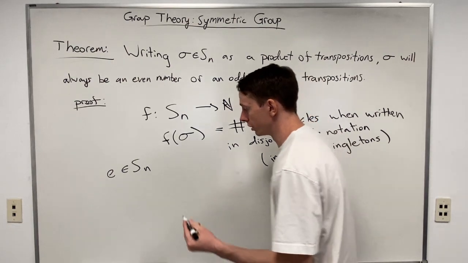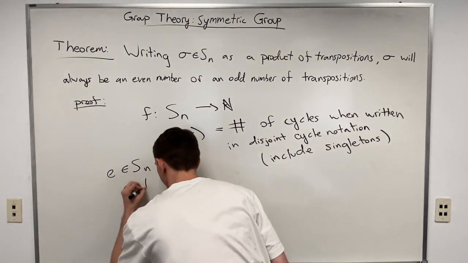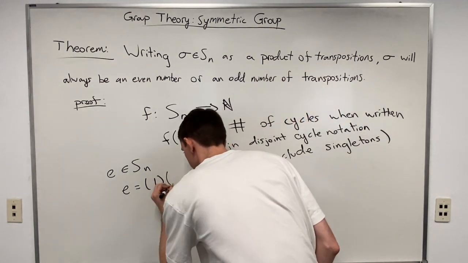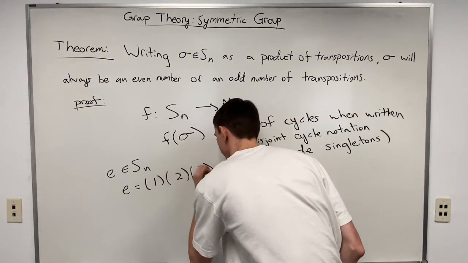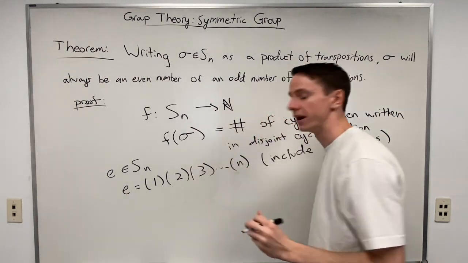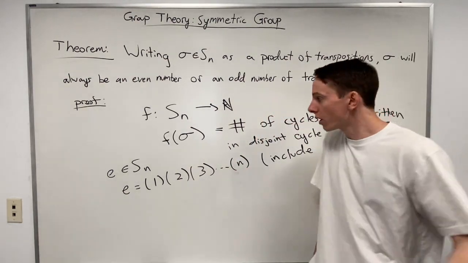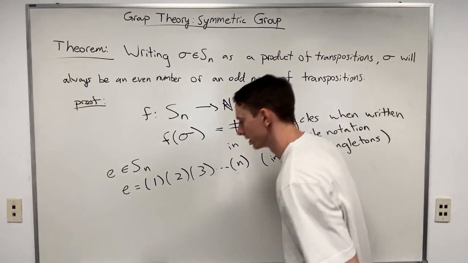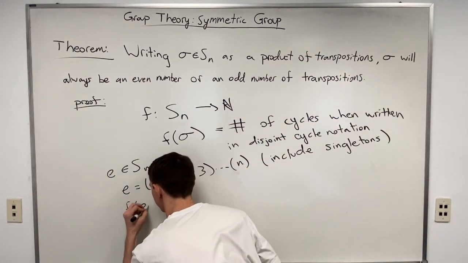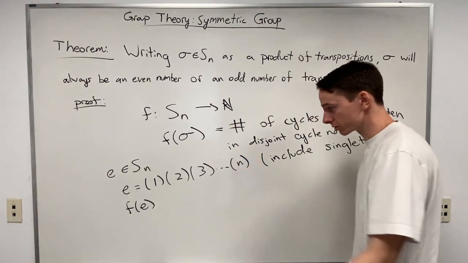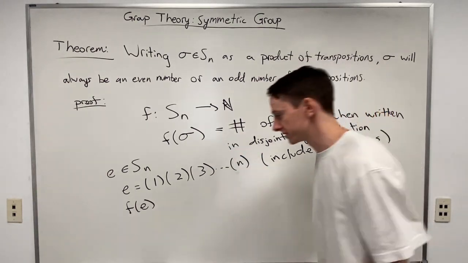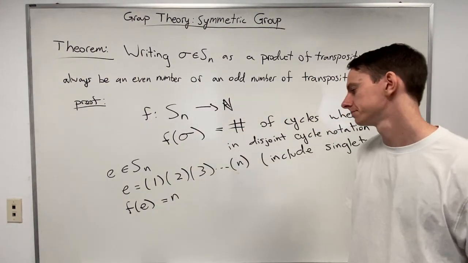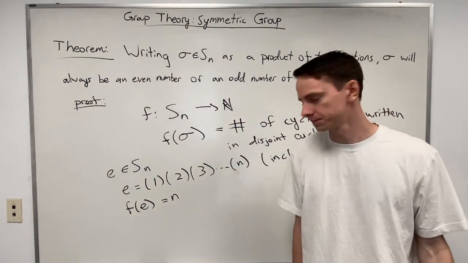So another way of writing E explicitly, if we're working in Sn, is n different singletons. So it's 1, then 2, then 3, all the way through n. So then we say, okay, well, what is f going to be if we act on the identity element? Or in other words, what is f of E? We just count up the number of cycles, and there are n different cycles, so f of E is simply n. All right? Hopefully that makes sense.